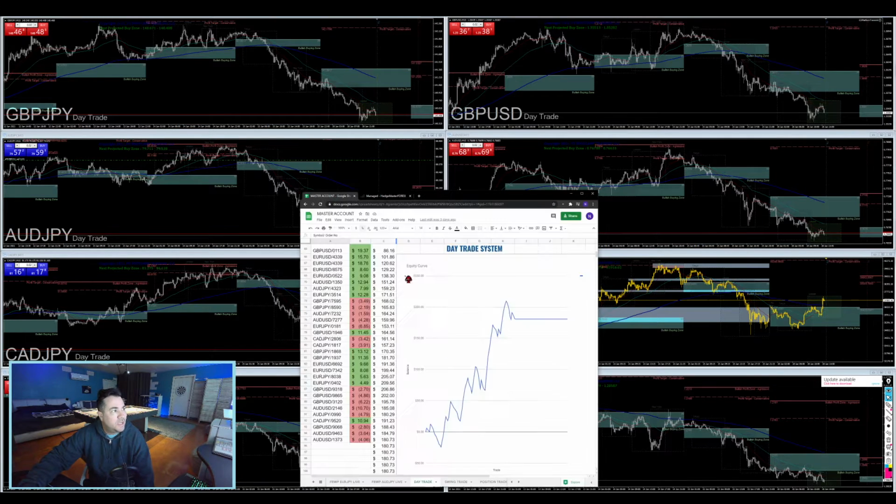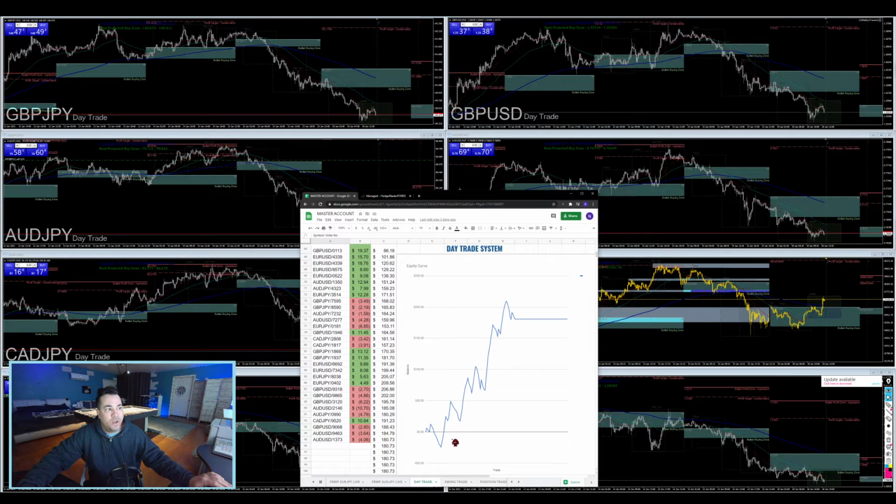Let's go ahead and take it into my day trading stats now. This is my equity curve right here. I started off from scratch with you folks here on YouTube, since I've been doing this YouTube channel for a few months now. So these are all my stats since I've been taking these trades here with you. I don't take a single trade without recording it and posting it on my channel.